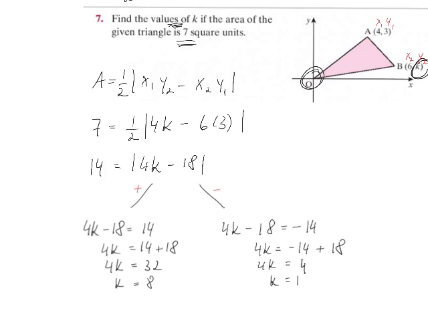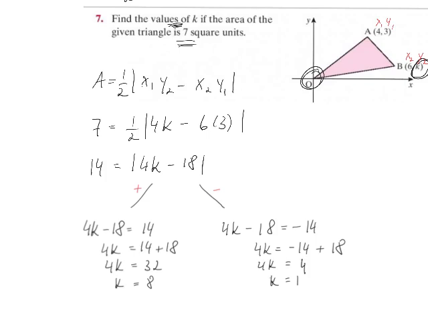So these are the two situations. In a modulus, if it's positive already, it keeps it positive. If it's negative, it turns it positive. So whatever is in those brackets is positive to start with, that's why we write down 4k minus 18 equals 14, or whatever is in those two bars is negative, and only then do we turn it positive.